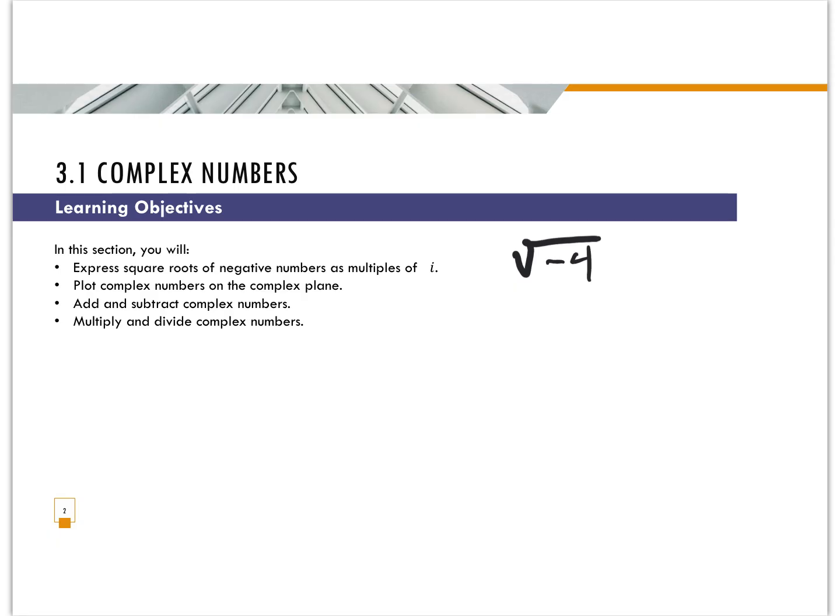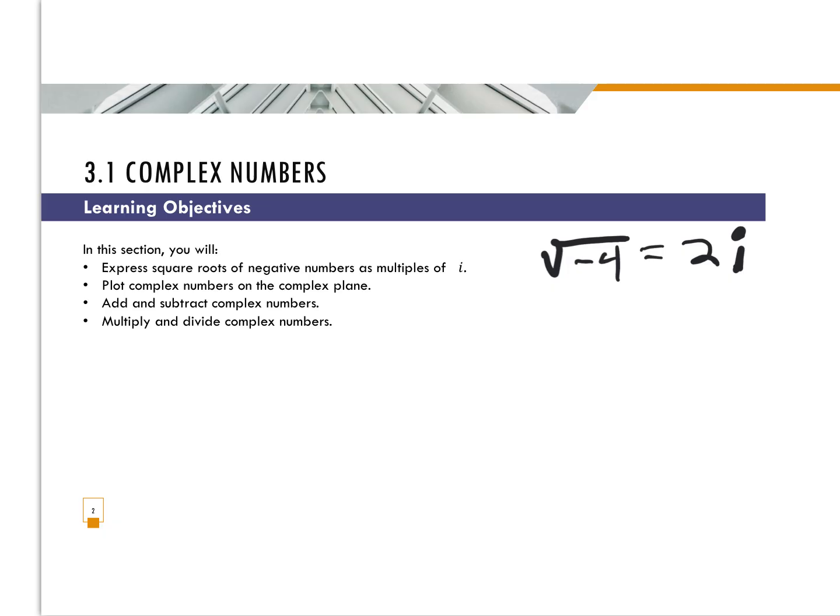Your calculator will give you an error. That is because we know the square root of 4 is 2, so 2 is part of the answer. But the square root of that negative 1 that's being multiplied by the 4, negative 1 times 4 is negative 4, is i. So we addressed it once or twice, I don't know. So that's your first objective.